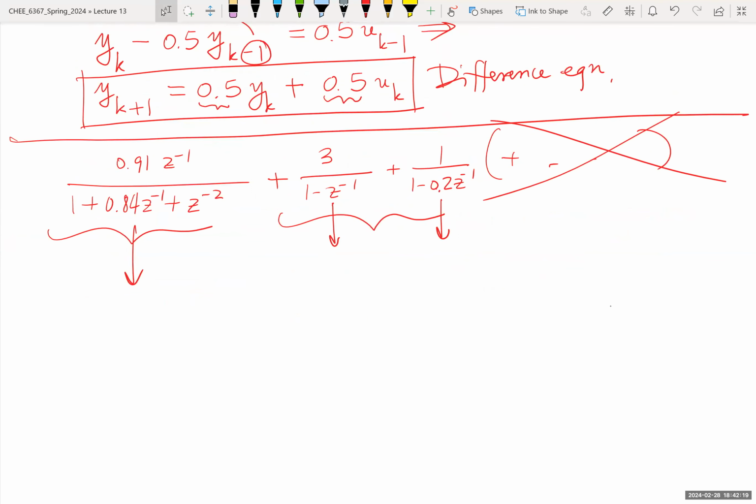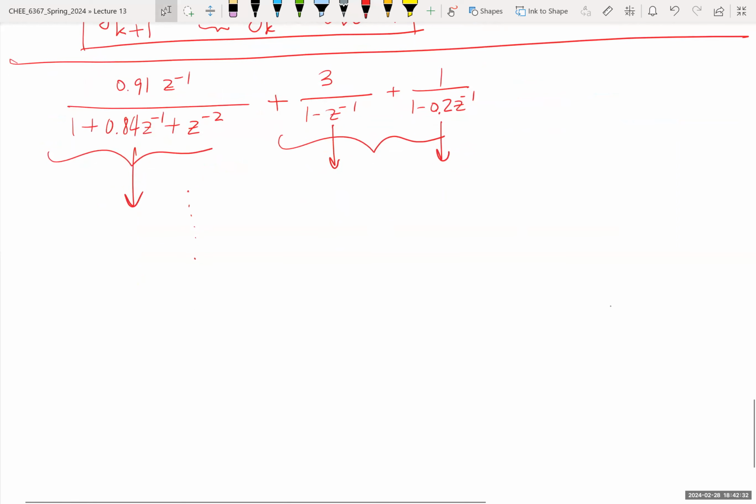Well, actually, as I'm looking again, it's correct. One more time, let's continue our discussion. So there is algebra in the same way, and it is 3, which is actually the inverse of that is 3, plus the inverse of this is 0.2 to the k, which is simple, and the inverse of this is sine 2k.